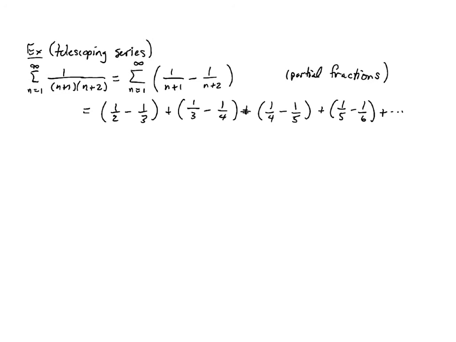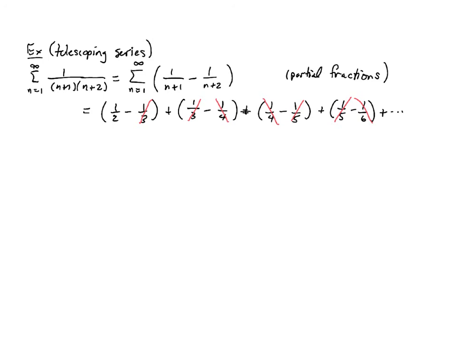And what you see is that at every step, here I have a minus 1/3, here I have a plus 1/3. Here I have a minus 1/4, here I have a plus 1/4. Here I have a minus 1/5 and a plus 1/5. Minus 1/6, and the next bit would be a plus 1/6.